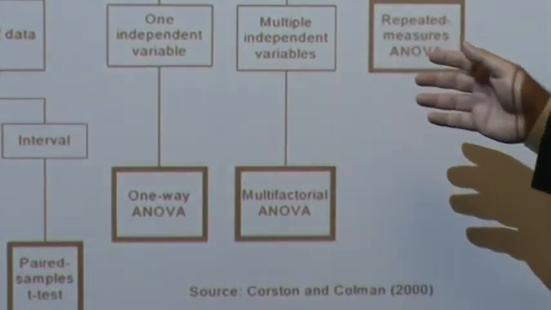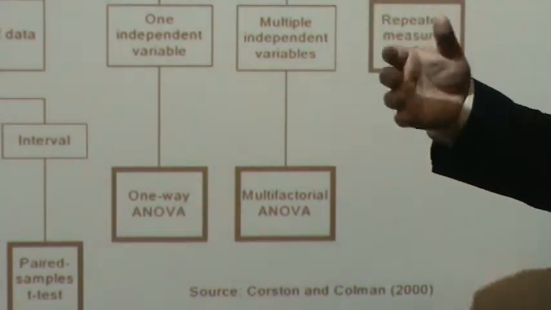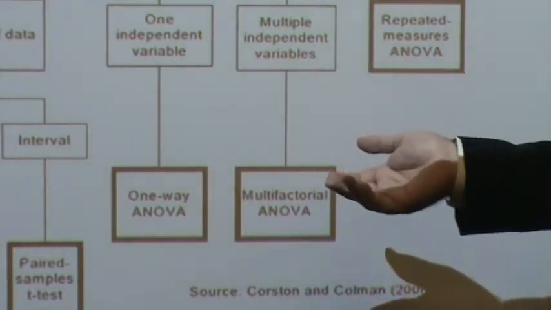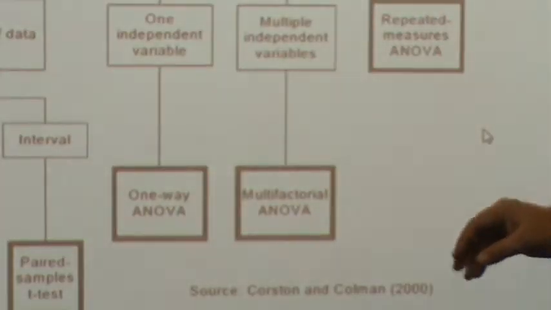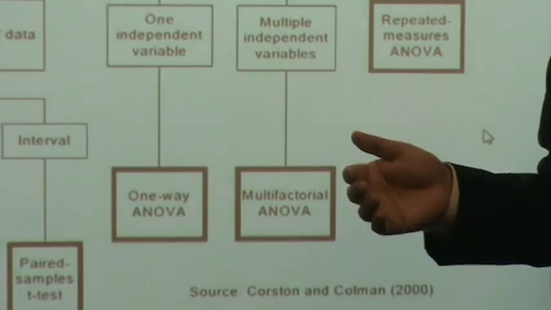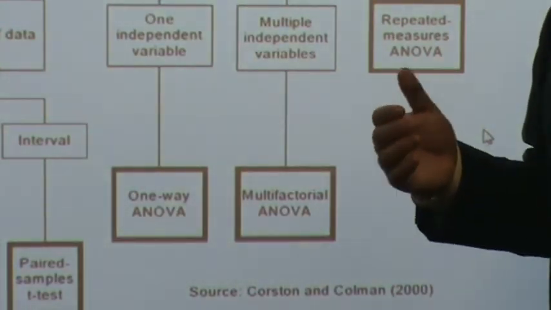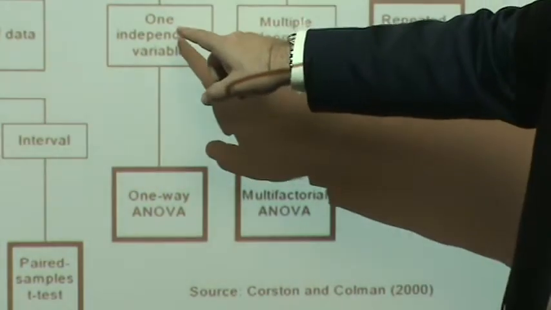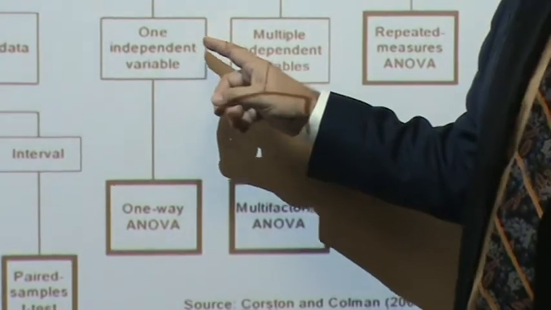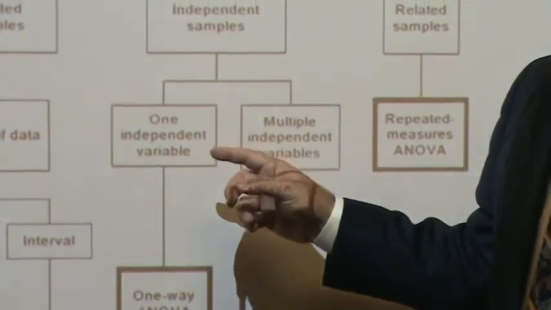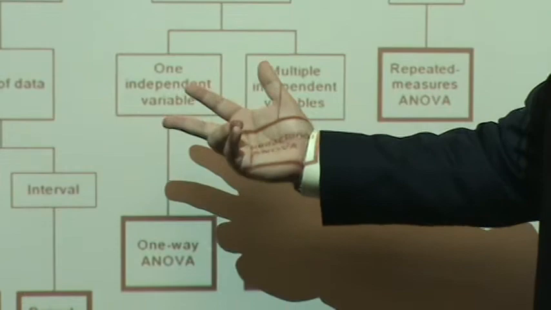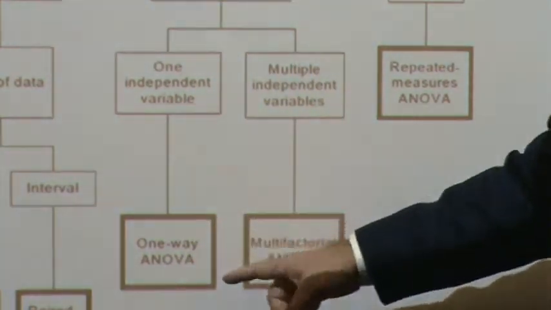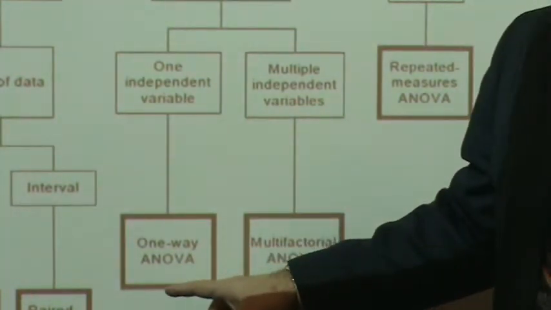Let's say that, to go back to my headache sufferer example, you had people who suffer from a headache, and there are 3 levels of treatment: placebo, aspirin, or kick in the shins. That is just one independent variable. Don't confuse this and think that because you have 3 groups, you have 3 independent variables. There's just one independent variable with 3 levels, so that would be a one-way ANOVA.